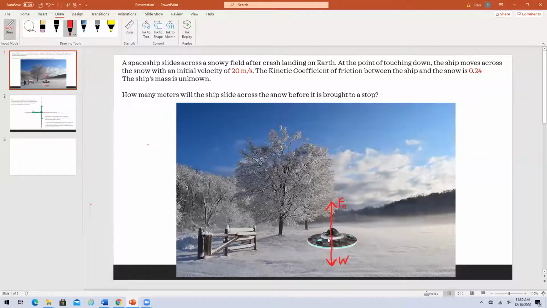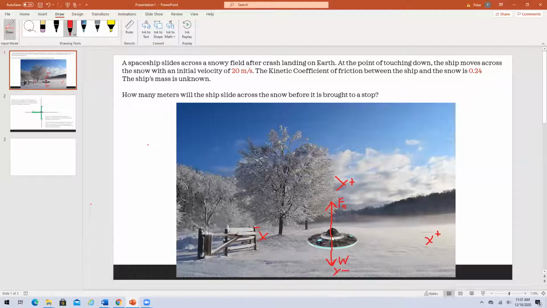Let's assume that this ship is moving to the right here. So let's call this the x positive, and this the x negative. This is the y positive, and the y negative axis.